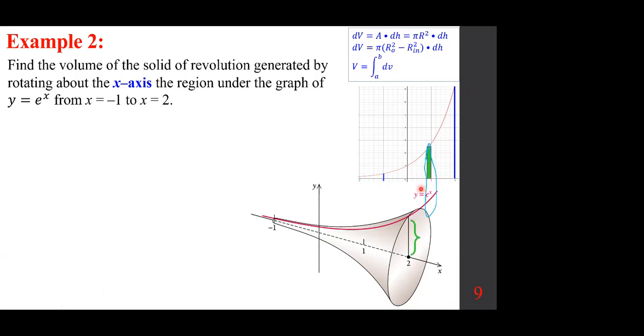So this is what you need. R is y or f of x. Okay, you can put this point here or this point here. And so you write down pi. We're going to replace the r with y, which is e to the power of x, and we're going to replace the dh with dx.